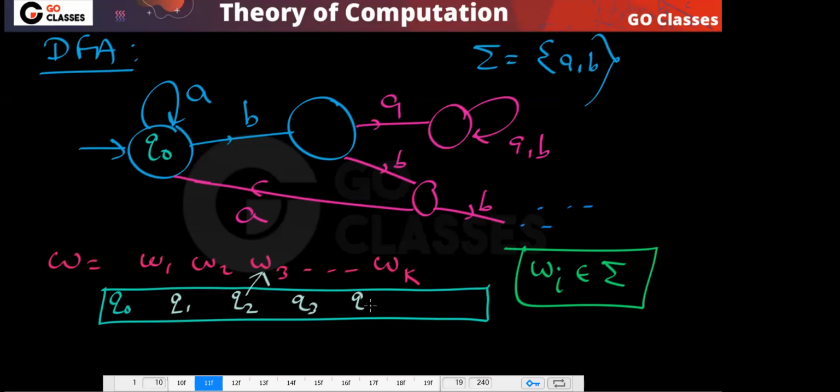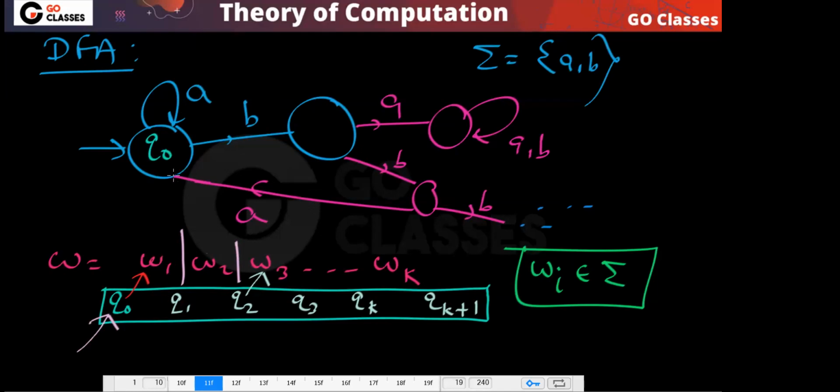If this is your string, then after reading every symbol, what will happen? The DFA will start in the initial state, and in this initial state it will read this symbol. When you read this symbol, you will go to exactly one state, because from every state, on every symbol, there is exactly one transition.